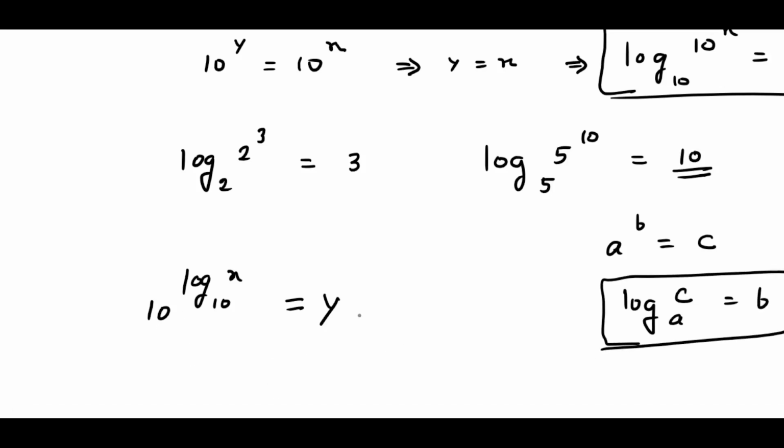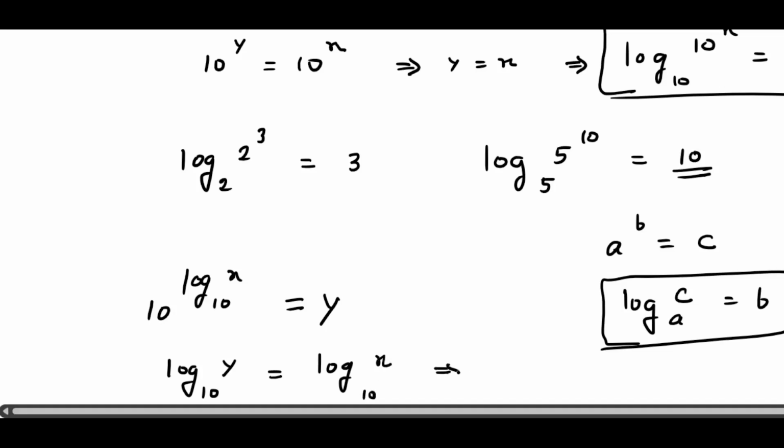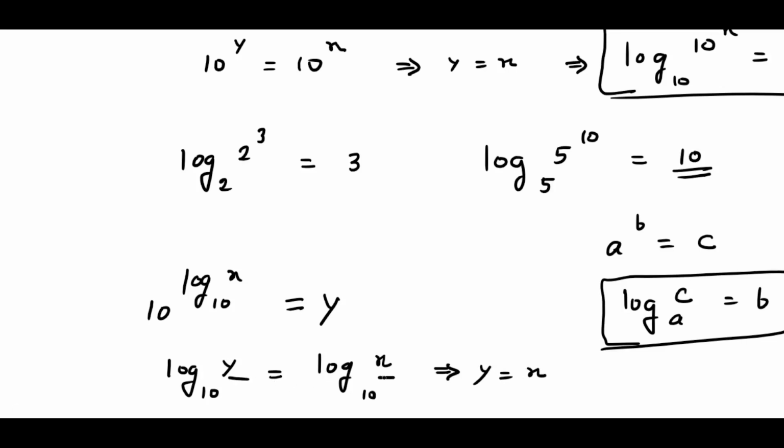So here log y to the base 10 is equal to log x to the base 10. And from this, I conclude that y is equal to x. That means if it is in this form, 10 power log x to the base 10, then directly I can write the result as x, right?